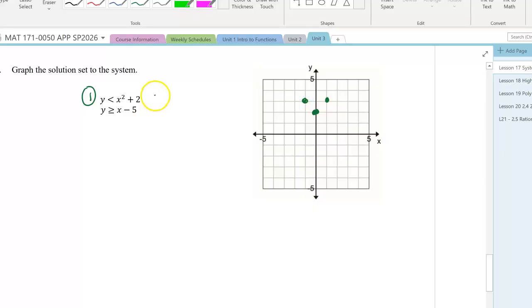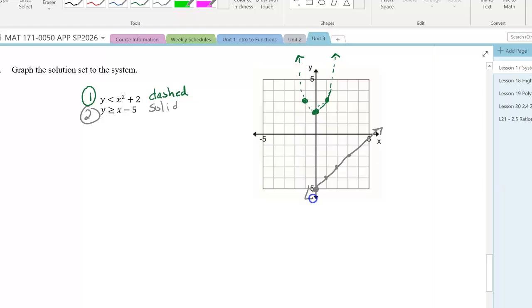And it's still dashed because it does not have the equals to. And then the second one is the line that's been shifted down 5. And it's still solid because it still has the equals to.